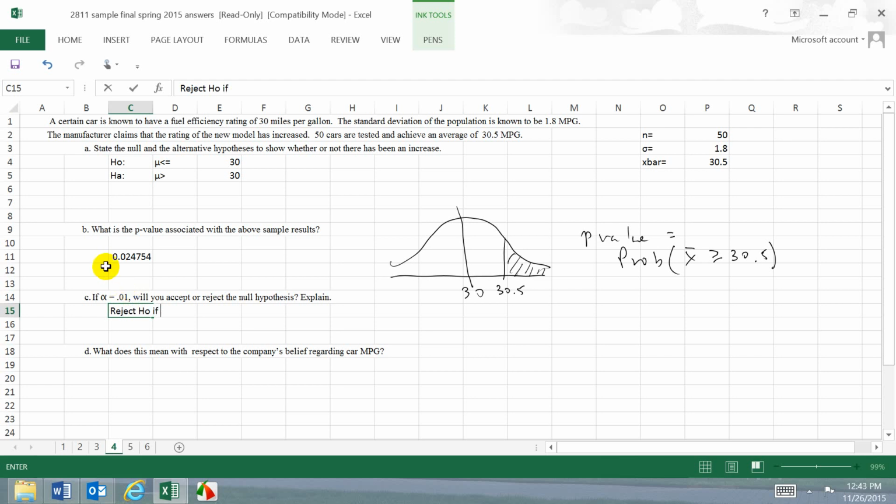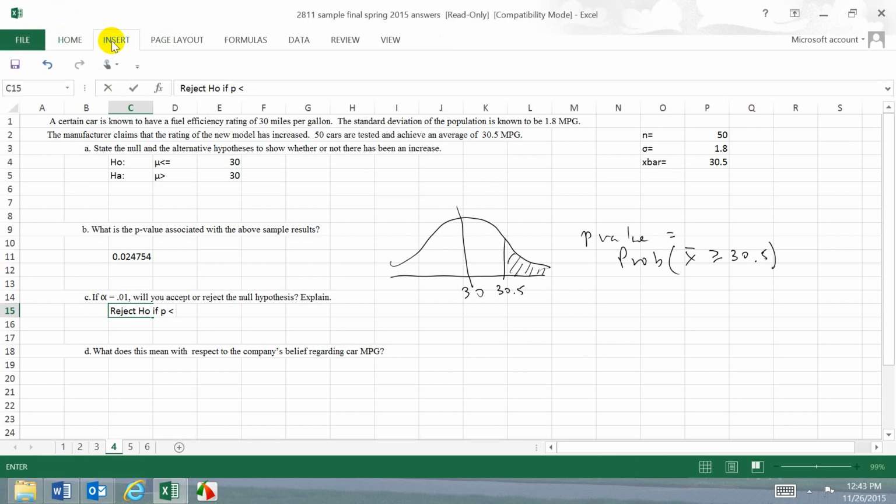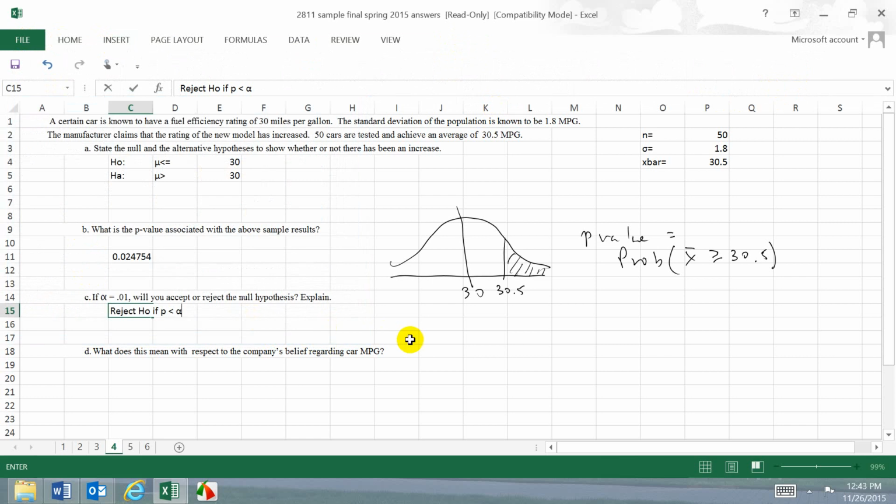Reject H0 if p is less than alpha. All right, so we reject if p is less than alpha. In our case, p is 0.0247, alpha is 0.01.